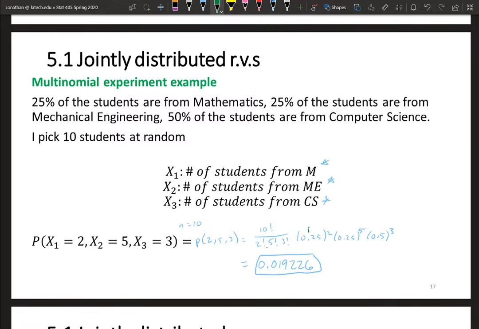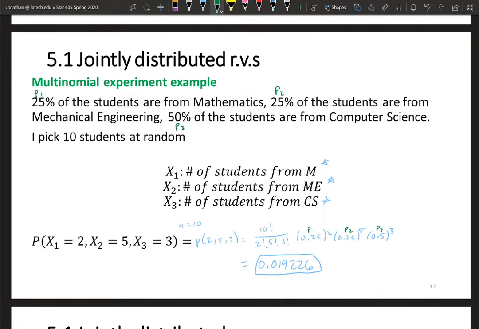So this was P1, this was P2, this was P3. They say this is P1, this is P2, and this is P3. Well, the percentage formats of those anyway. So that would be how you could do a multinomial experiment.